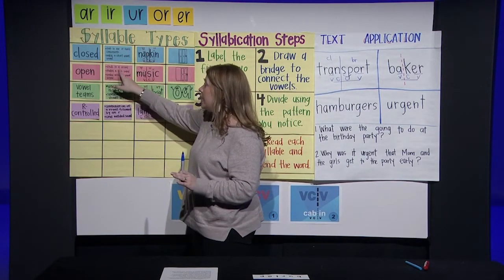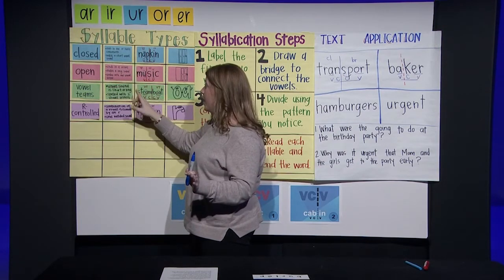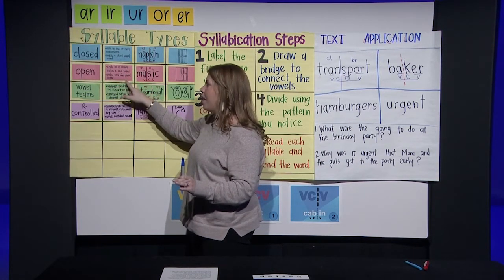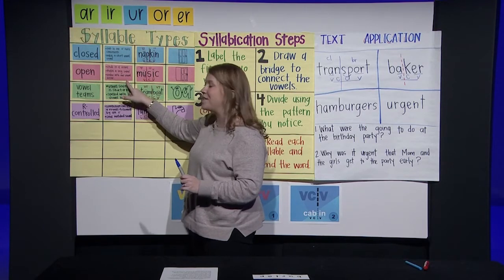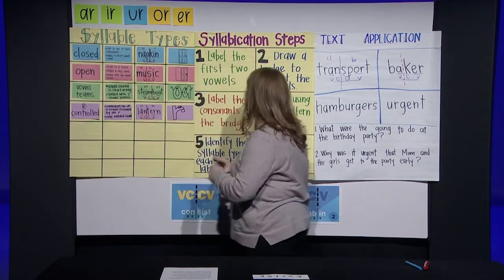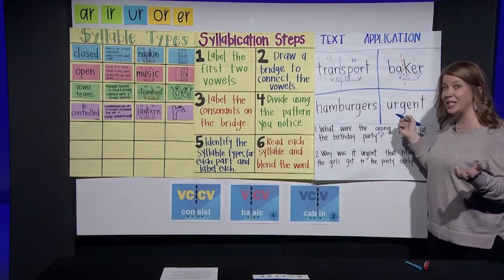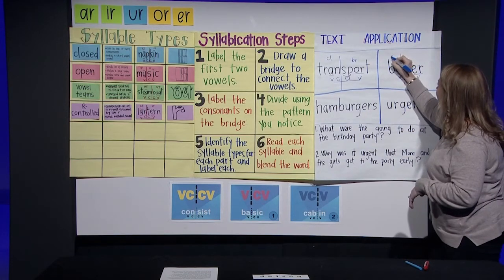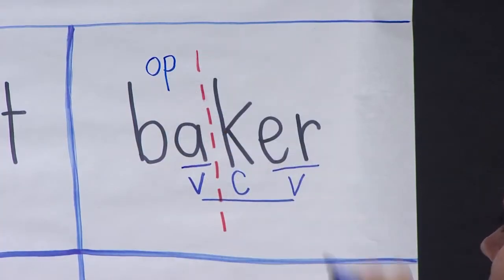Open syllables end in a vowel, okay. They make a long sound and are spelled with one vowel letter. So that makes this what kind of syllable? Very good, open. I'm going to put O-P.